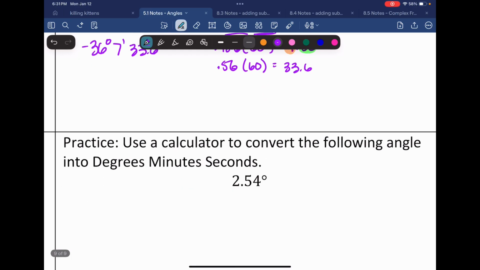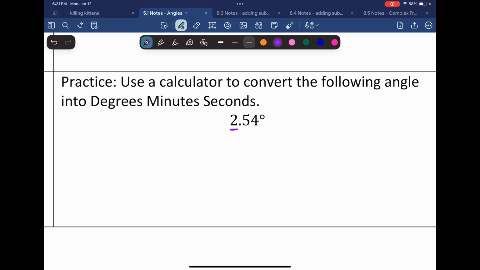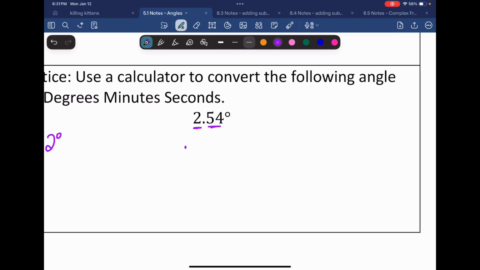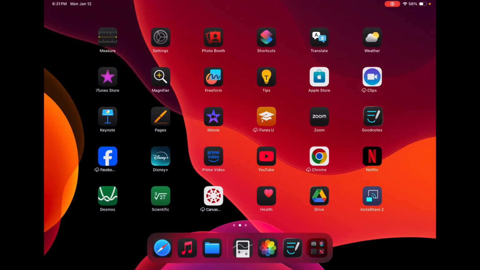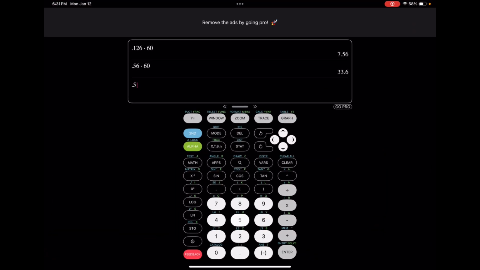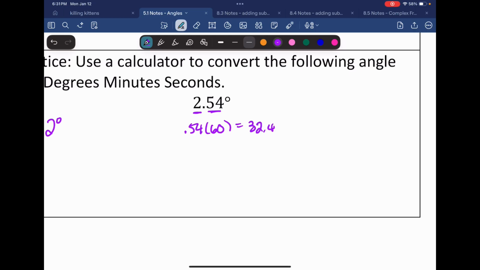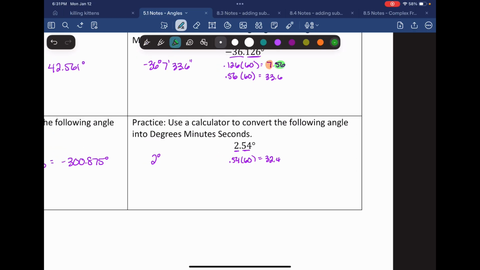Okay, so we're going to do the same thing here. Keep the whole number, so 2 degrees. Take your 0.54, multiply by 60. It's going to get your minutes. So .4.